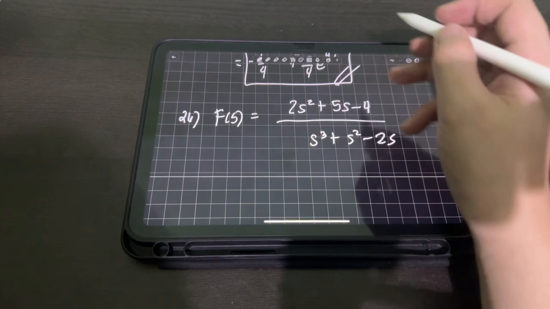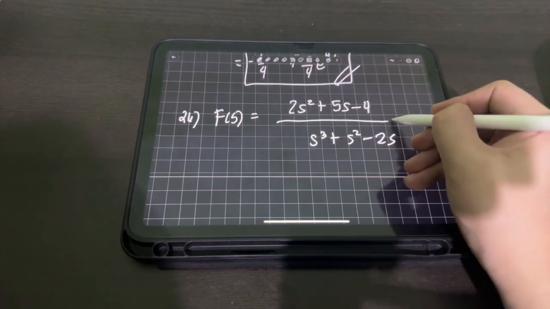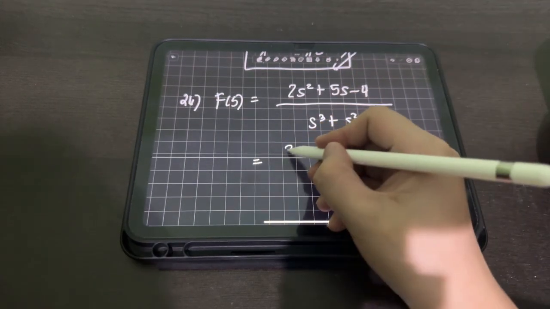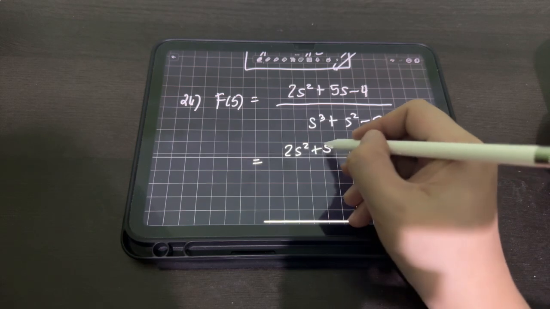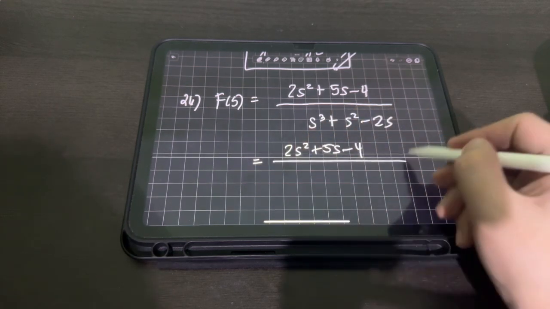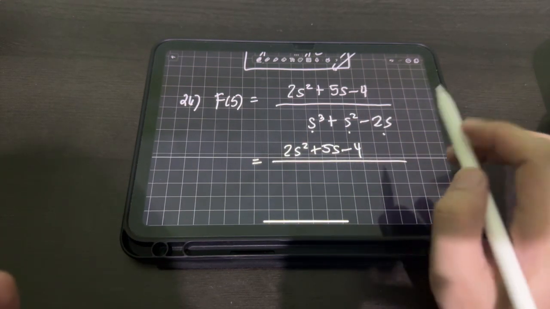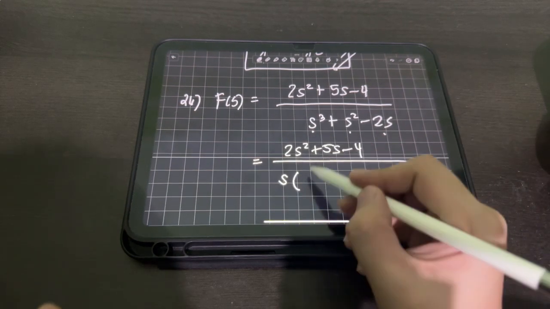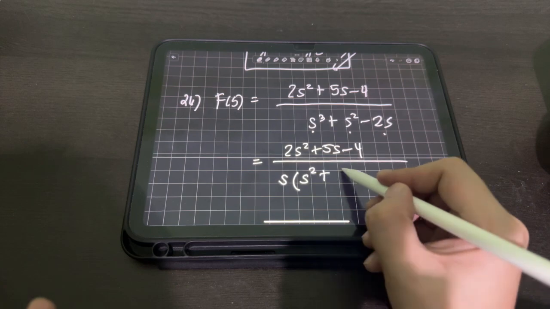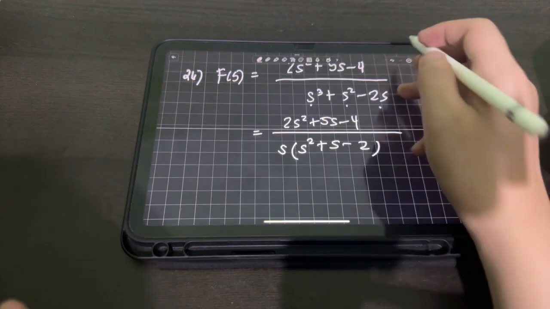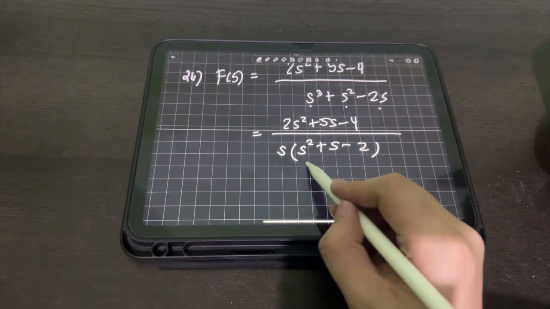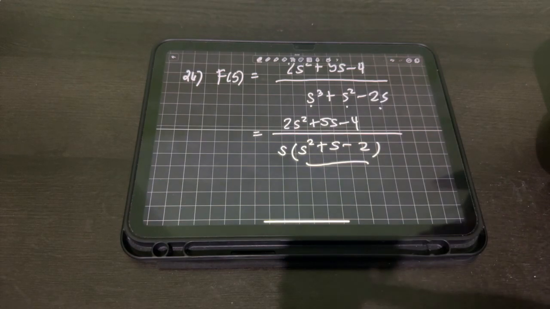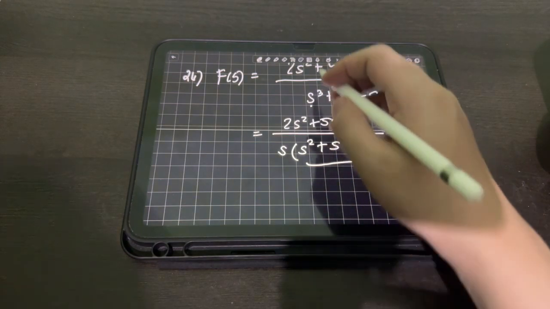So let's factor first the denominator. Copy the numerator. We can apply common monomial factoring first. Factor out the common monomial factor S. So we have S times S squared plus S minus 2. And we can still factor S squared plus S minus 2, right?